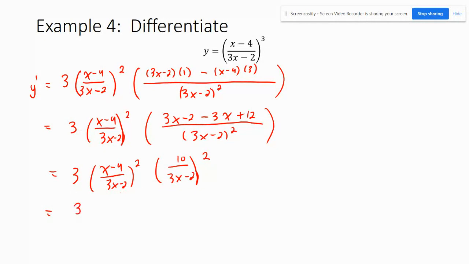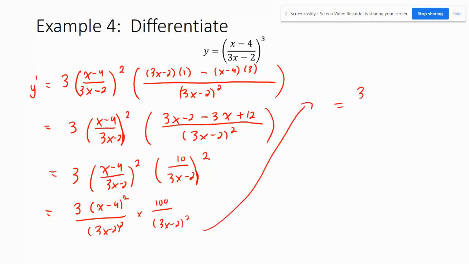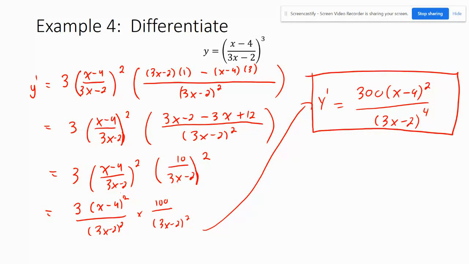It's going to give me 3 times (x minus 4) squared, over (3x minus 2) squared, times 10 squared, which is 100, over (3x minus 2) squared, equals 300 (x minus 4) squared over (3x minus 2) to the fourth. And here's our derivative for this guy over here.